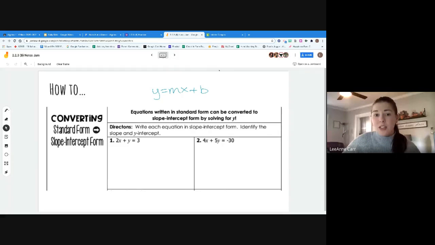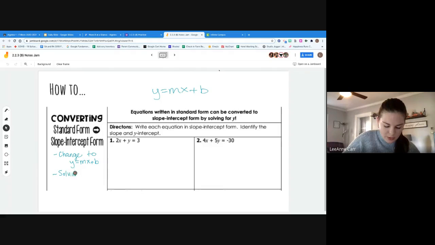So in order to be able to graph, our goal is going to be to convert this to y equals mx plus b. So in your margin, our goal today is to change these equations to y equals mx plus b. And the way we're going to go about doing that is essentially solving for y.